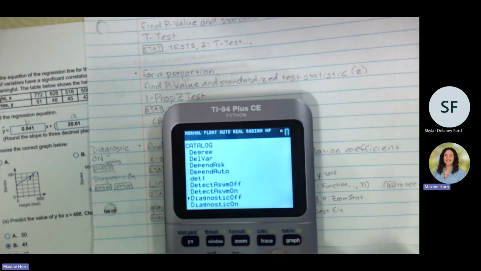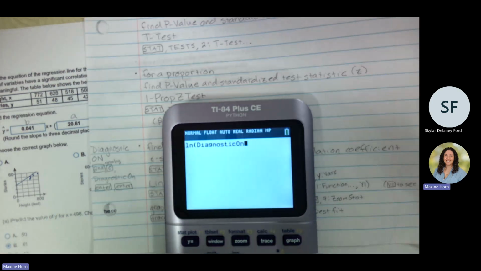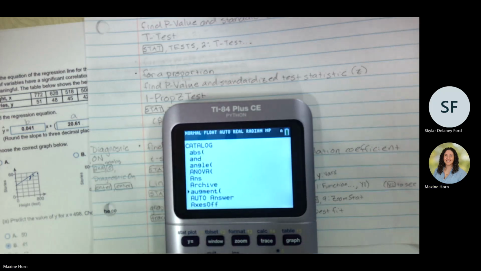We've got diagnostic off and diagnostic on. I want diagnostic on, so I'm going to make sure the arrow is next to diagnostic on, and hit enter. Oh, whoops, I didn't mean LN. Hold on. Must have accidentally hit that.